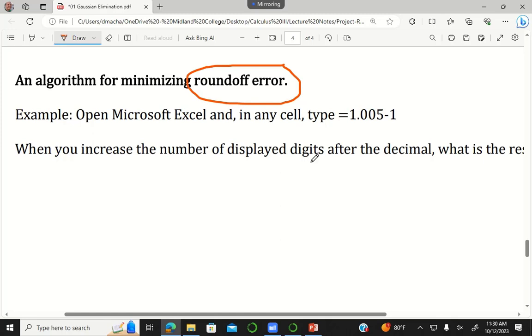They have a finite storage ability for numbers. If you have the number pi, some of you might be aware that pi has an infinite decimal expansion. If you try to represent pi as a decimal, it just keeps going and going, and there's never any sort of pattern, nothing ever repeats. It's just an irrational number.